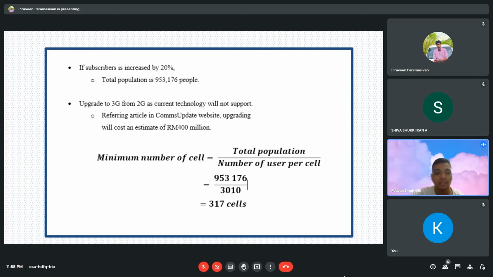And referring to the article on the Comms Update website, the upgrading cost will be an estimate of 400 million ringgit. So to calculate the minimum number of cells, we divide the total population over the number of users per cell. So the total population now is 953,176 divided by 3,010. So the number of cells is 317 cells.